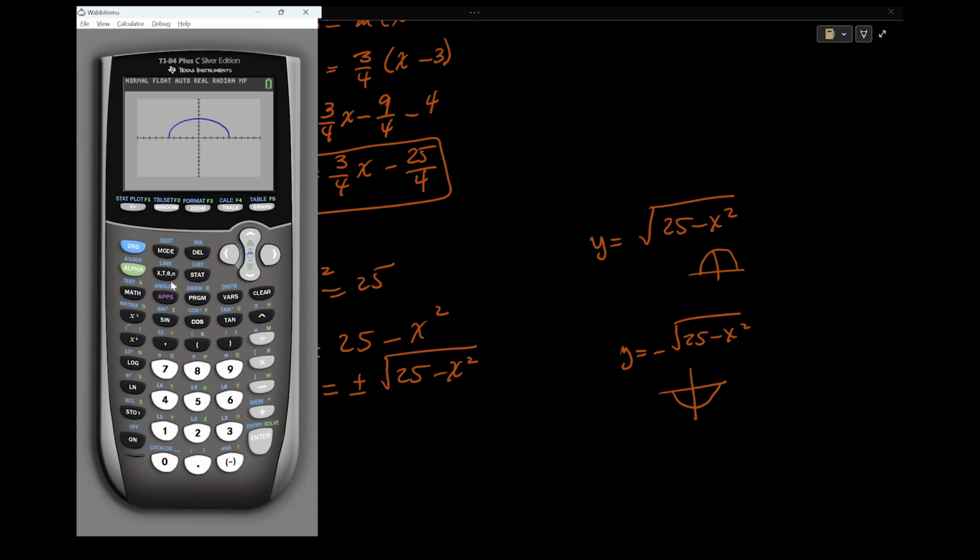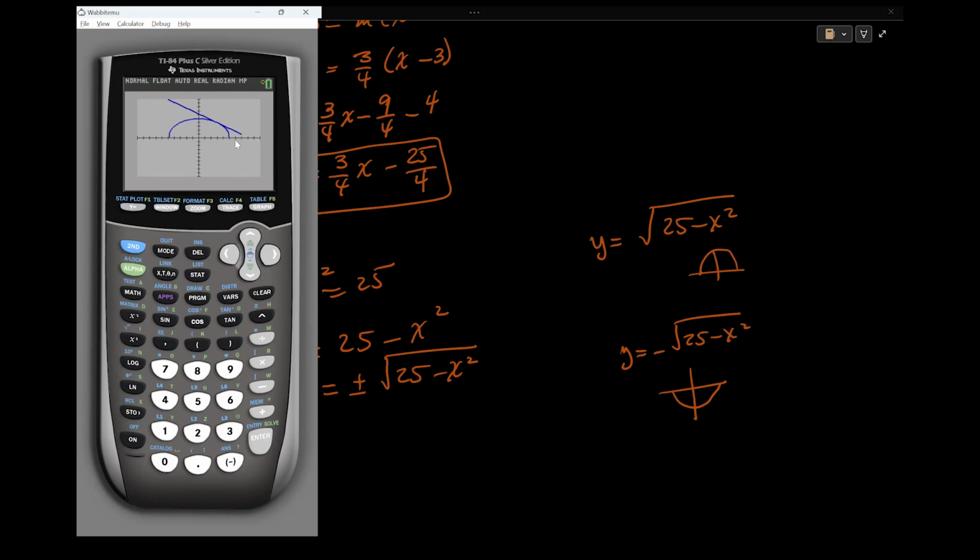So here we do. See this draw right here in blue, cyan? We have to click second to get to draw. In 5, it says tangent. So we hit 5. Now we just pick an x, just type it in, 3. Enter.